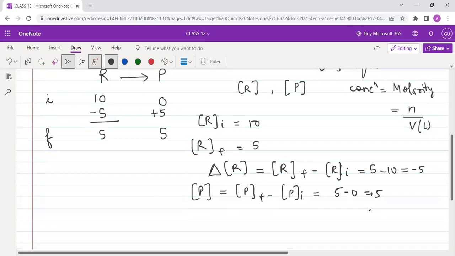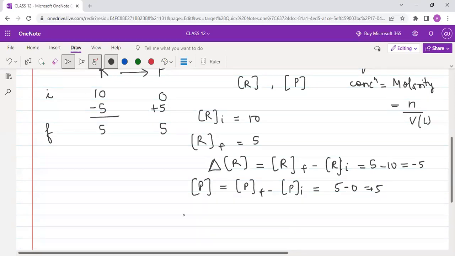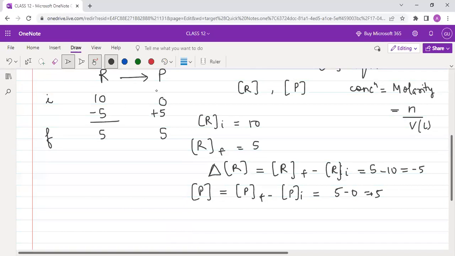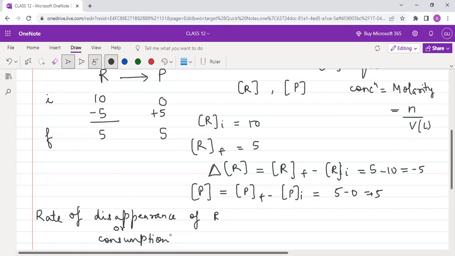Now we'll define some terms. In this reaction, R is getting transformed to P. For reactants, we use the term rate of disappearance. Here the reactant is R, so we can write rate of disappearance of R. It is also called rate of consumption of R, because reactants are getting consumed or disappearing.